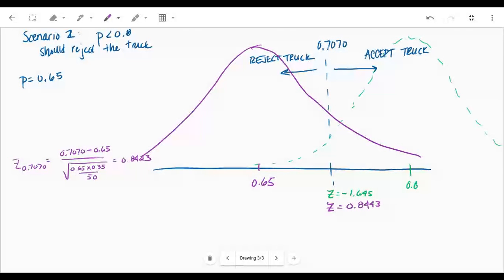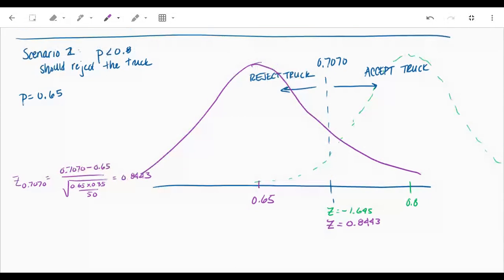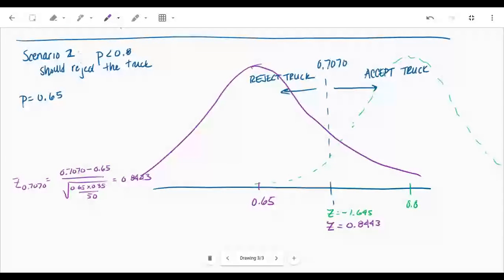Now we can figure out the probability that we will accept the truck when we should reject it. Again, we're in scenario 2 here, p is 0.65. Let me get out my highlighter. We're still going to reject the truck if our sample puts us in this highlighted purple range here.